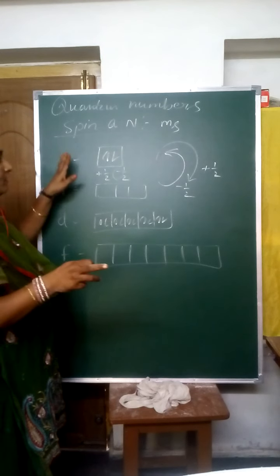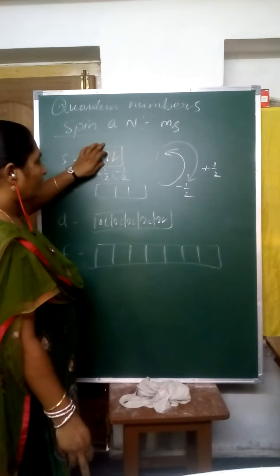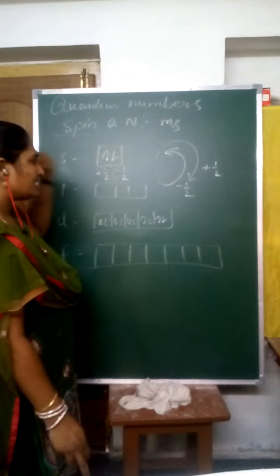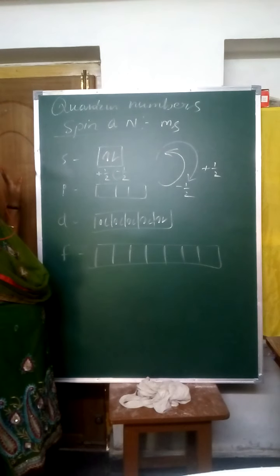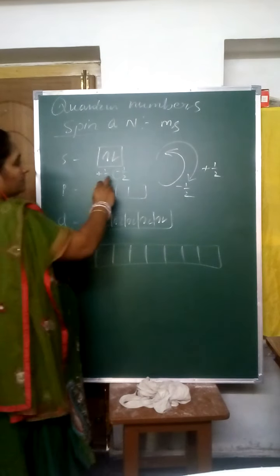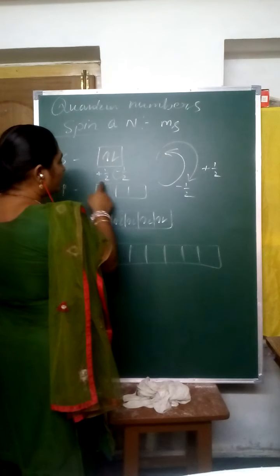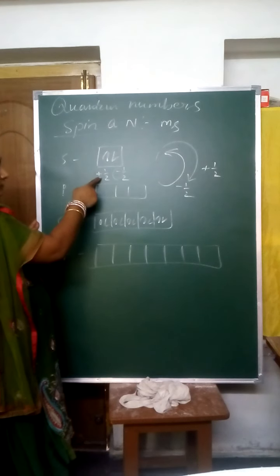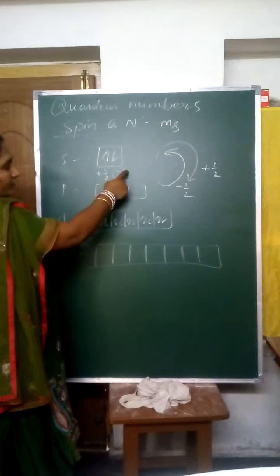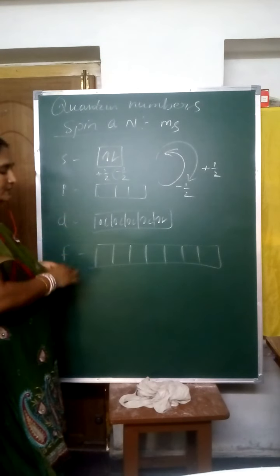If one electron revolves clockwise, the other must be anti-clockwise. That's why we take plus half and minus half: plus indicates clockwise direction, minus indicates anti-clockwise direction.